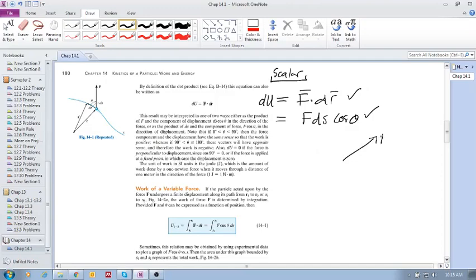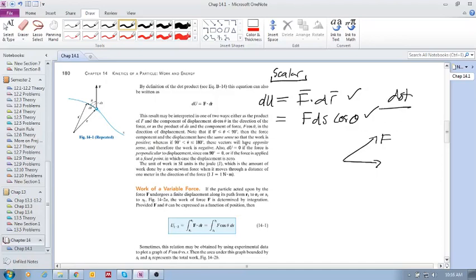If you've got a force there and it's moving in that direction, then the work is only the component of the force in the same direction as the displacement times the displacement, or it's the displacement in the direction of the force times the force. It's the dot product.